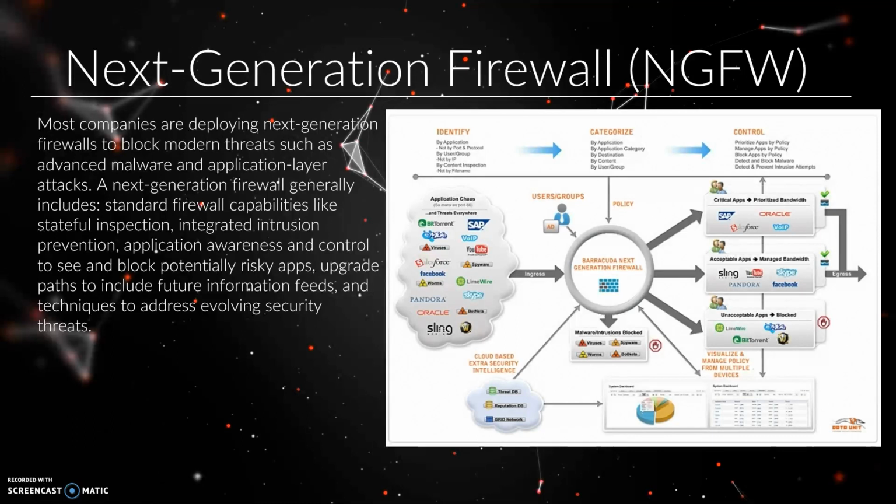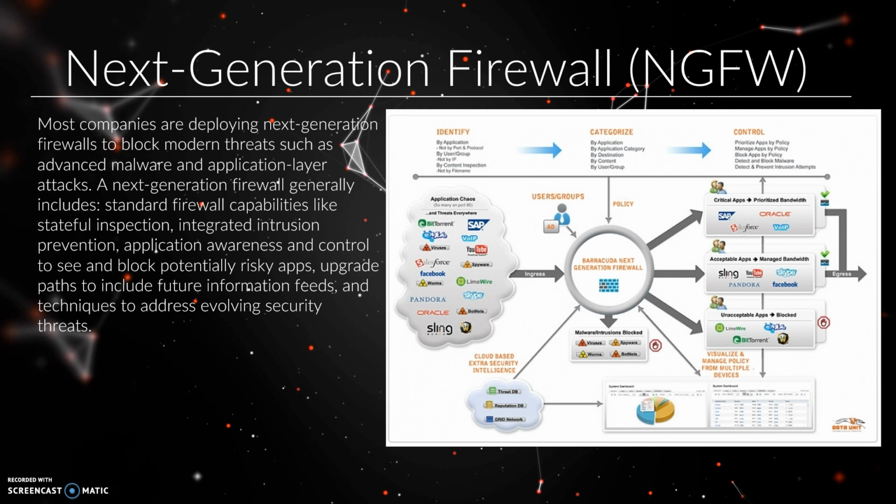As you can see in this example here, which is just a basic firewall nowadays, there's a bunch of apps on the left side, and a lot of them use port 80. They are ingress to the, in this example, the Barracuda next generation firewall. Based on what it defines as critical, acceptable, and unacceptable applications, it sorts them to be either dropped or put through the egress.